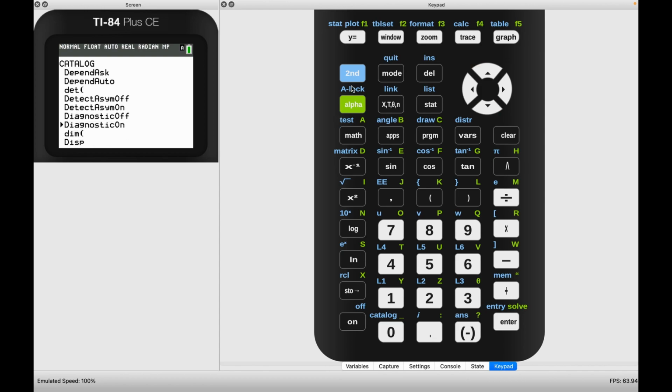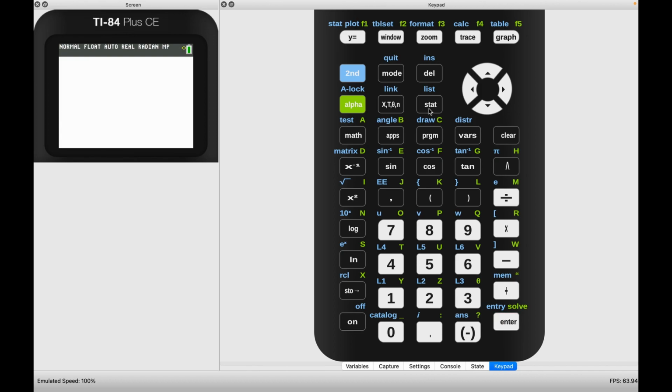So you click the second button and then the 0, which will take you to your catalog, and then scroll all the way down to where the D's are and diagnostic, turn diagnostic on and hit enter. This will allow you to have your R value show up on your calculator when you do your regression.